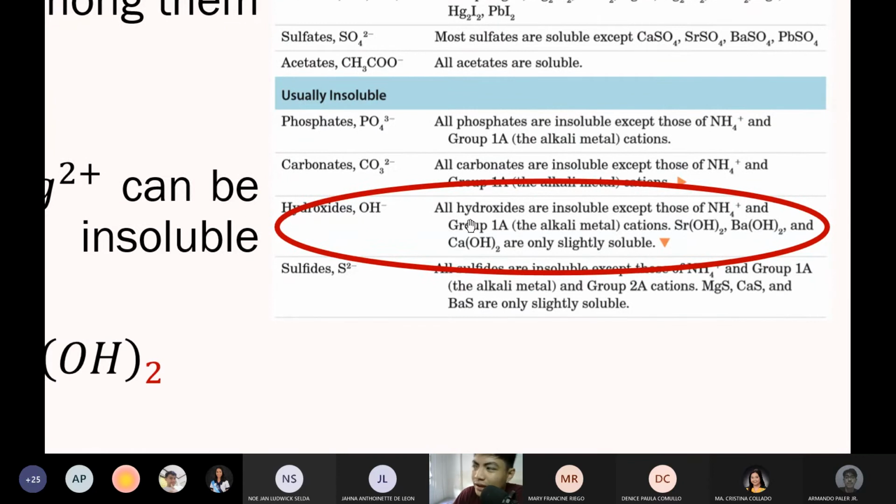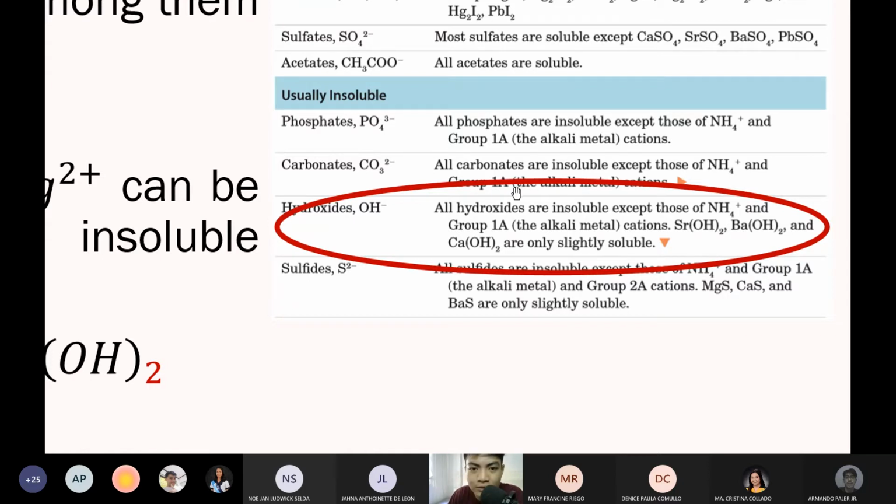So sabi sa hydroxide, hydroxides are insoluble except those with ammonium, group 1, strontium, barium, calcium. Okay? So if ang partner nila ay ammonium, group 1, strontium, barium, calcium, soluble sila. Pero kapag iba yung kapartner nila, insoluble sila. So yun yung Tagalog form ng sentence na to, ha? Soluble sila kapag kahalo niya yung ammonium, group 1, strontium, barium, calcium. Pero kapag iba ka-partner nila, insoluble siya.